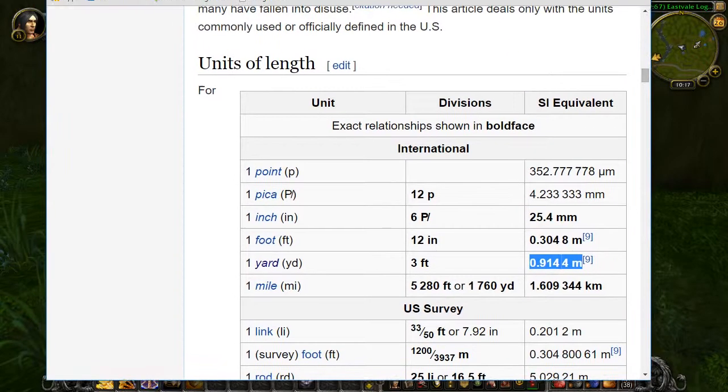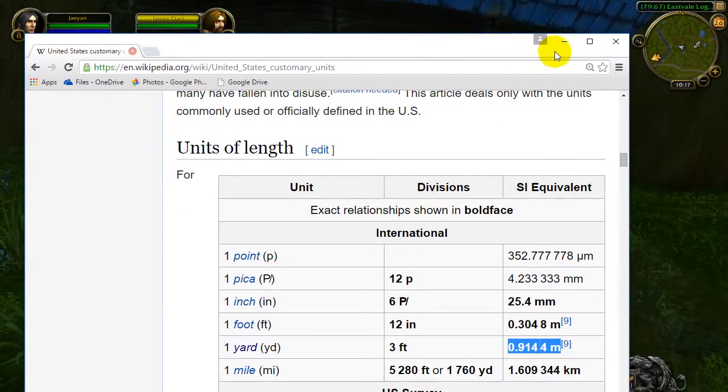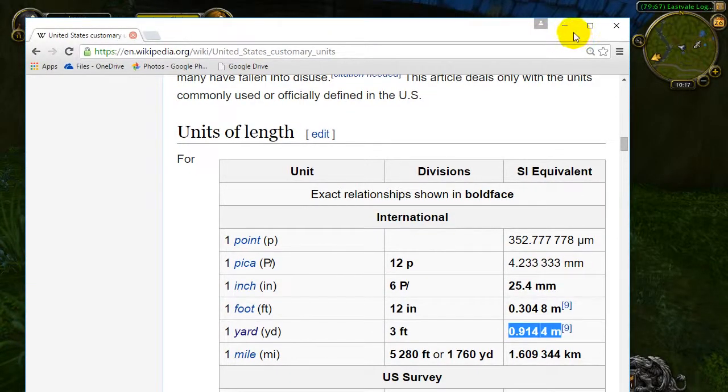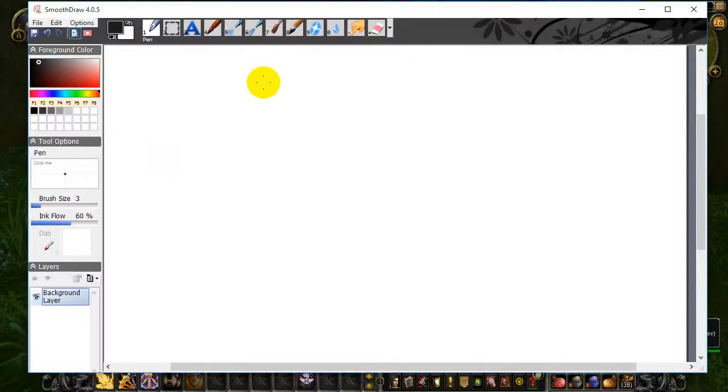So we are converting this distance into meters so that people everywhere except America can understand.